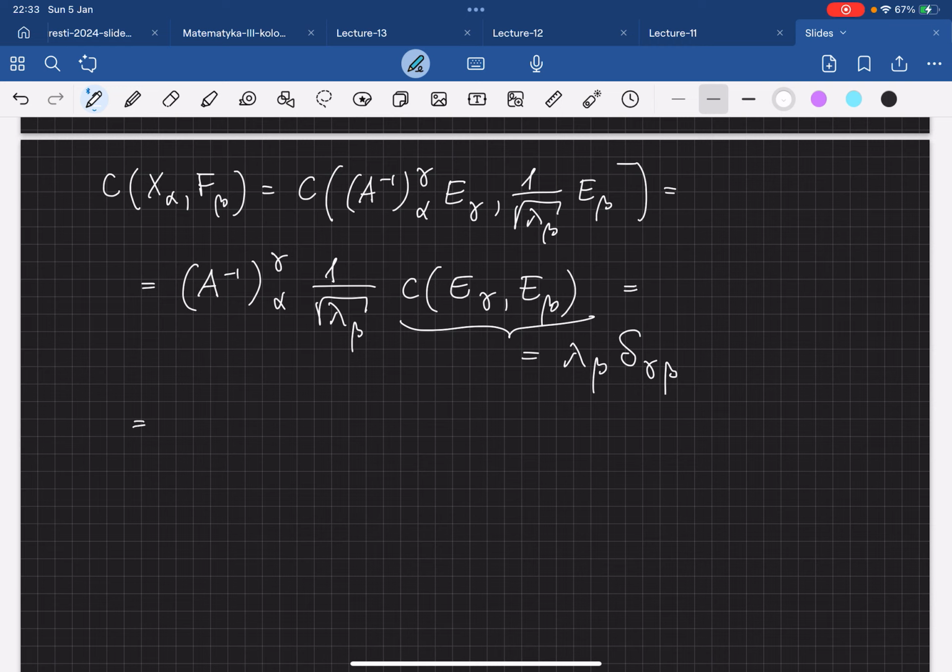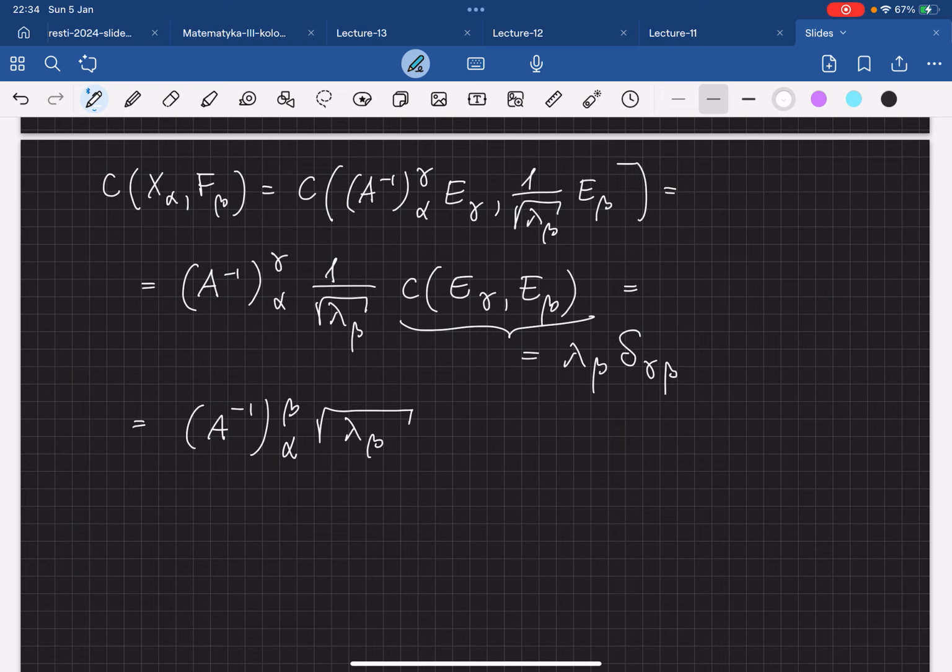Okay, and then we go forward with our calculations. And we see that what we get is A to the minus 1. We apply delta in the sum, and we have beta alpha here, and the square root of lambda beta.